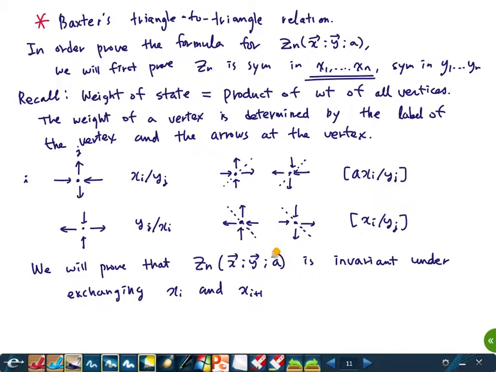If we can show this, then because any permutation of the variables can be obtained by switching adjacent variables several times, this will be enough to show that it's symmetric in the variables x. All right. This is our goal.